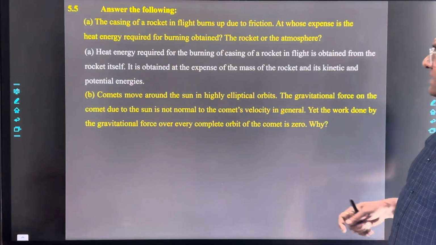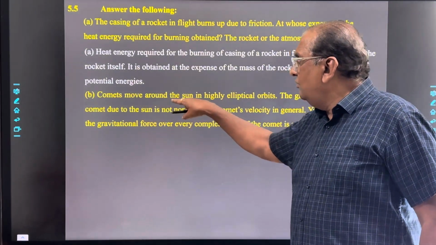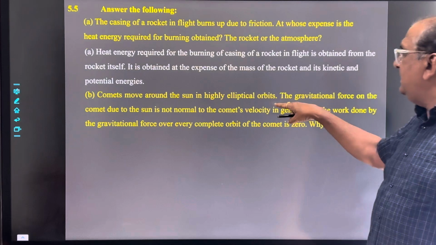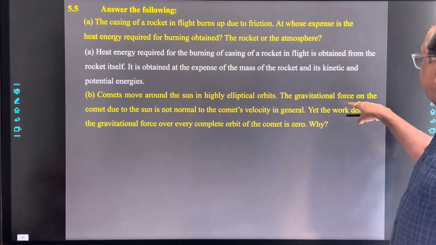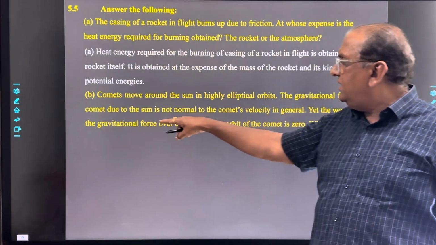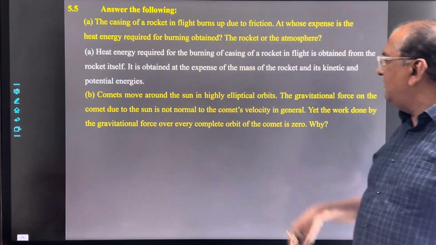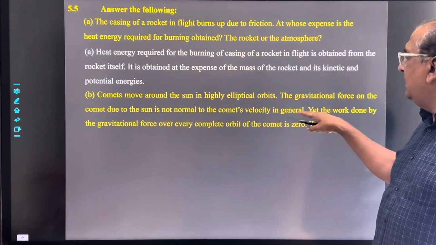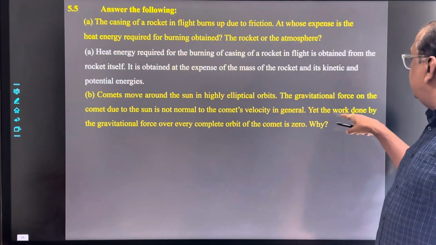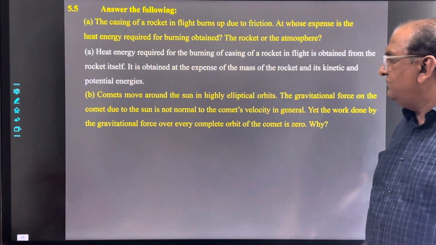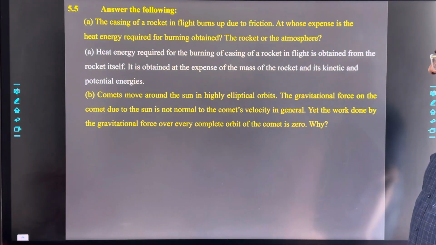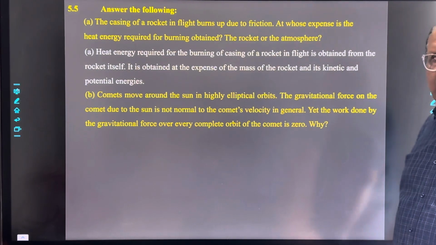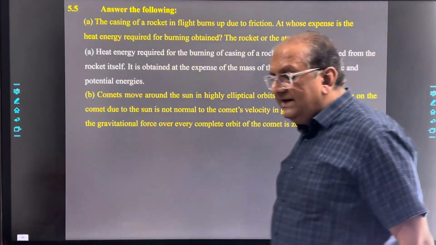Okay. Then B. Comets move around the sun in a highly elliptical orbit. The gravitational force on the comet due to the sun is not normal to the comet's velocity in general. Yet the work done by the gravitational force over every complete orbit of the comet is zero. Why? Because we already discussed this thing.